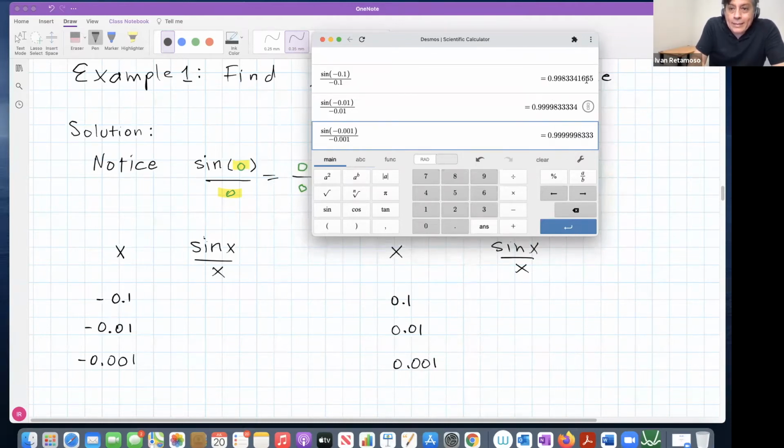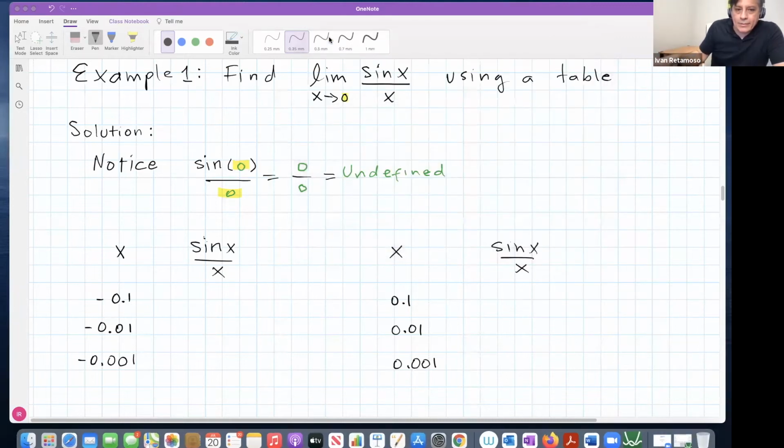So let's write down these 3 results that we got approaching this function from the left, right? And then we will do the same from the right, and then we will see where we're headed. Let me just bring this down, hold it there, okay?